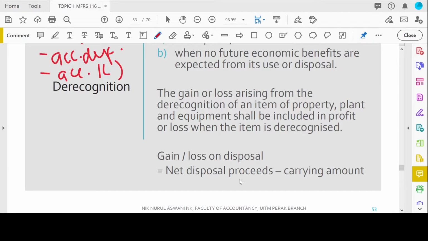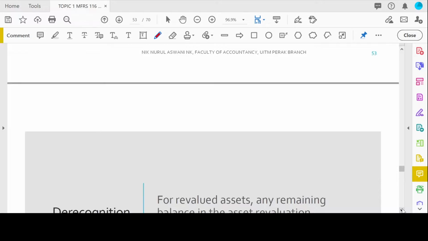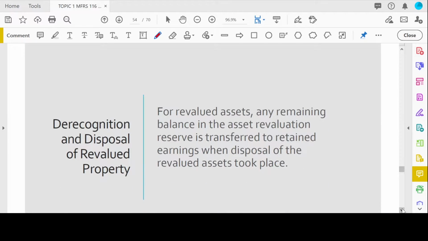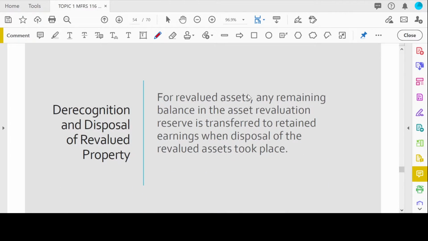But for revalued asset, we are going to close the asset revaluation reserve account as well. So how to do this? Similar to when revaluation surplus is realized, we are going to transfer from ARR to retained earnings.